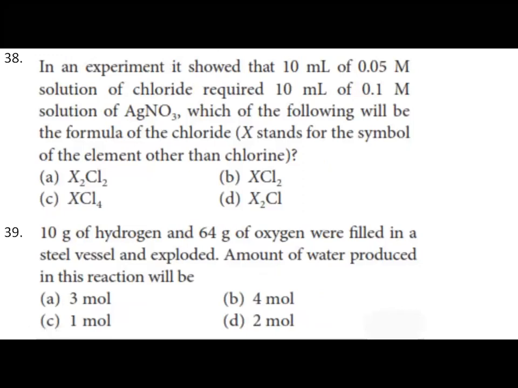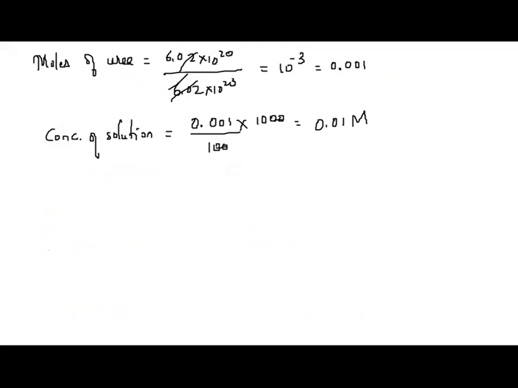In an experiment, it showed that 10 ml of 0.05 molar solution of chloride required 10 ml of 0.1 molar solution of AgNO3. Which of the following will be the formula of the chloride? X stands for the symbol of an element other than chlorine. So they have not said what is the compound which is reacting. They said some chloride is reacting with AgNO3.